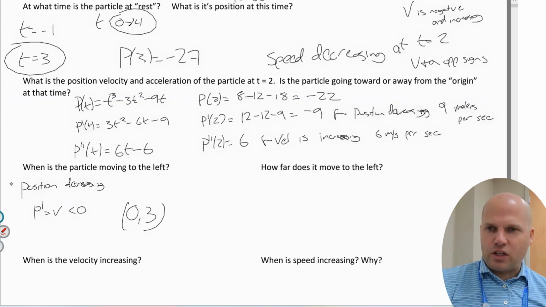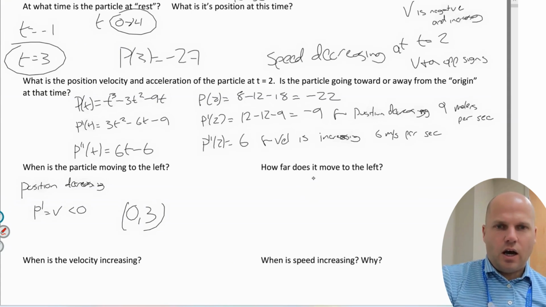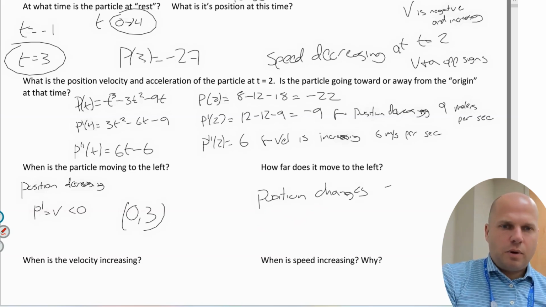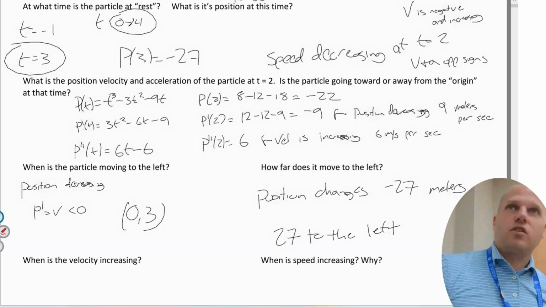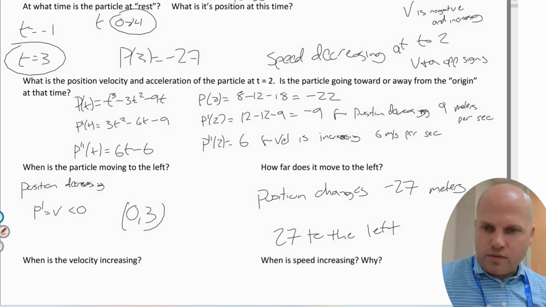How far does it move to the left? We've already done this. The position changes by negative 27 units, which means it moves 27 to the left. So my position decreases by 27. I move left 27.